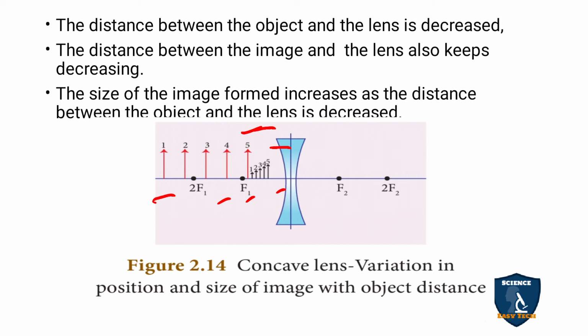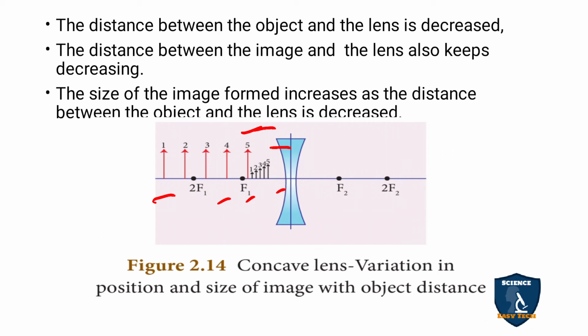But when the distance of the object from the lens is decreased, the image distance is also decreased.